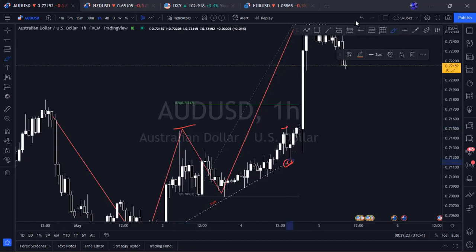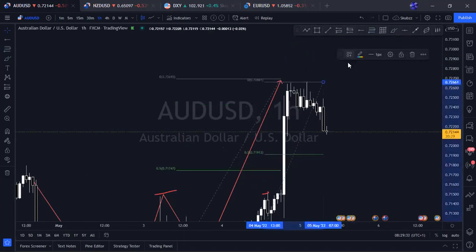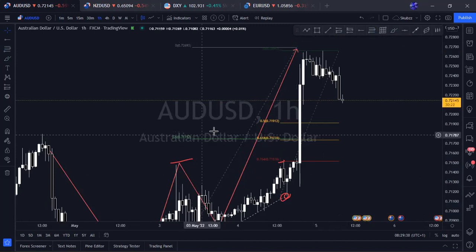And then if we drop our Fibonacci from the bottom to the top and take a look at the golden ratio, we'll see that the 0.618 is actually at the 0.5 of the 4-hour range.